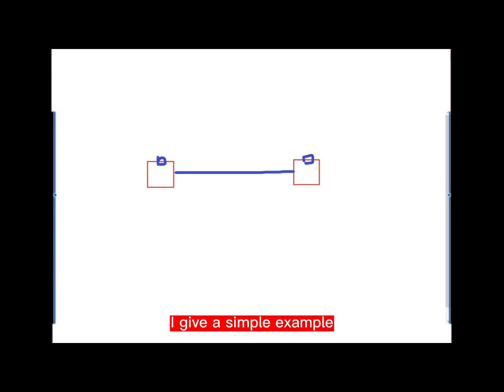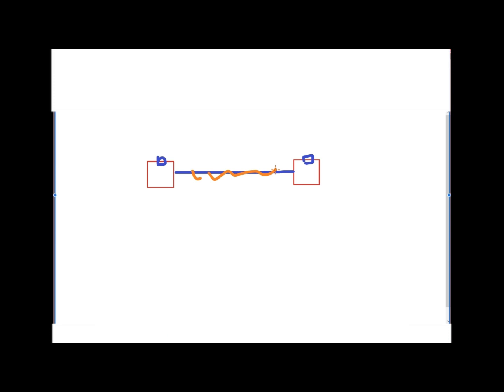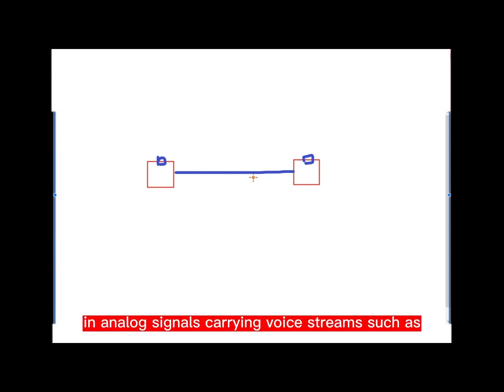I give a simple example. For example, now this cable carries the overall bit stream. That is an electrical signal, similar to when we call, analog signals carrying voice streams. They are responsible for the transmission of signals.